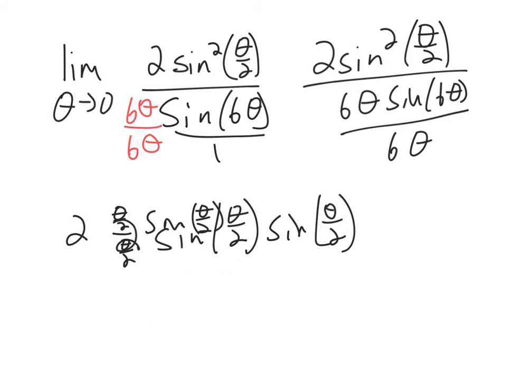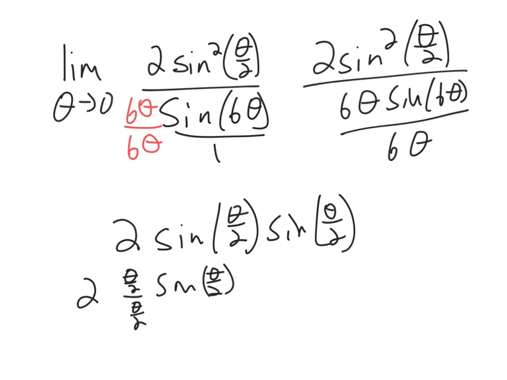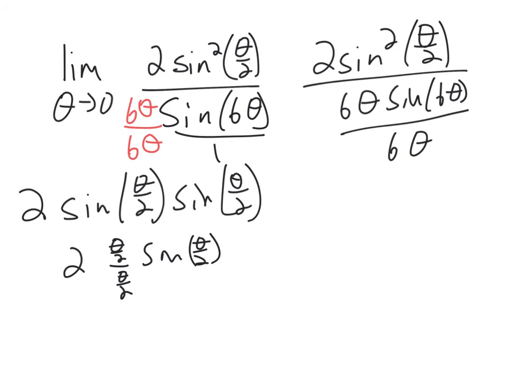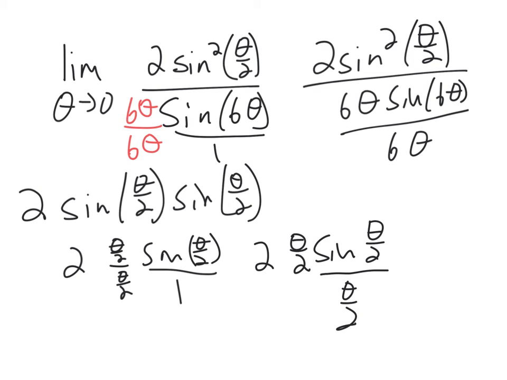Can I move some stuff around? Okay, so that's going to give me 2 times theta over 2 times the sine of theta over 2 over theta over 2, right? Because this is over 1. And then that 2 and that 2 cancel out because I'm multiplying.